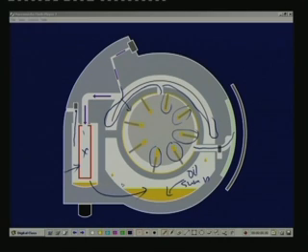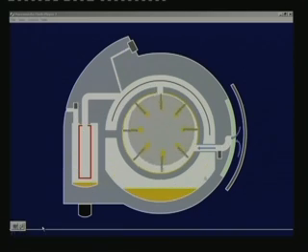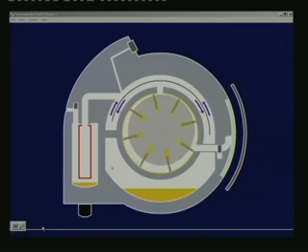Okay, so this is the principle. Of course, this picture shows a suction valve, but it is really not necessary to use a suction valve.